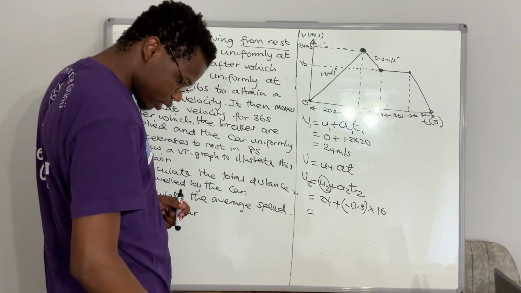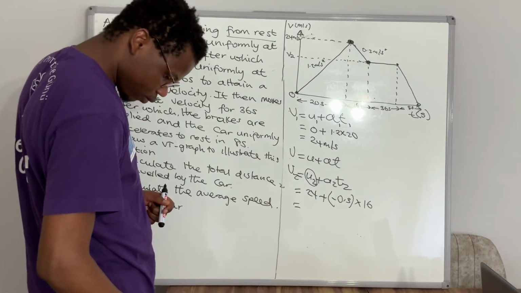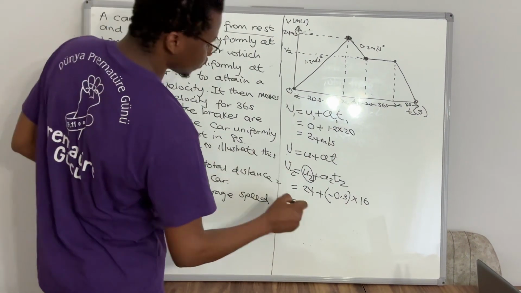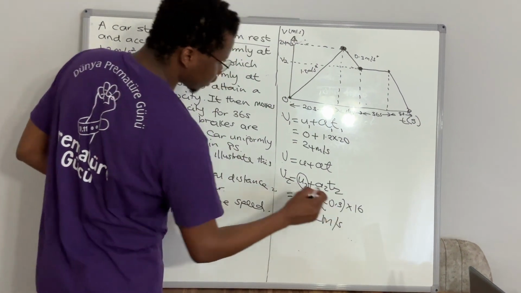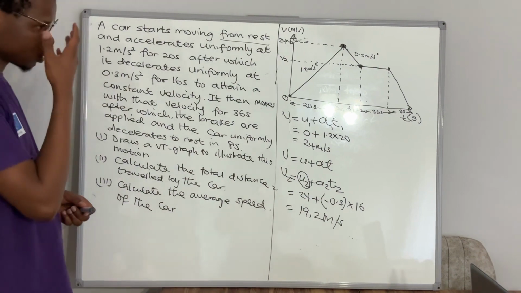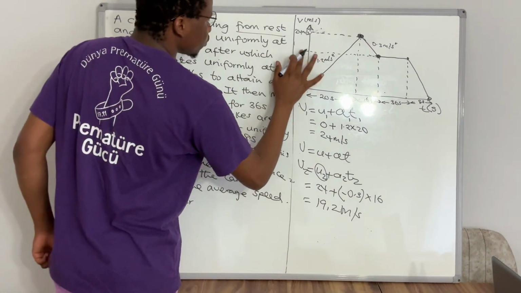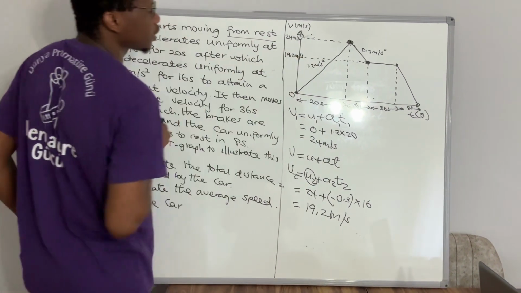Calculating that, it will give me 19.2 meters per second. So this v2 can be represented as 19.2 meters per second.